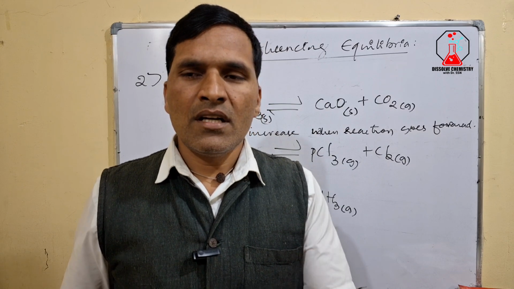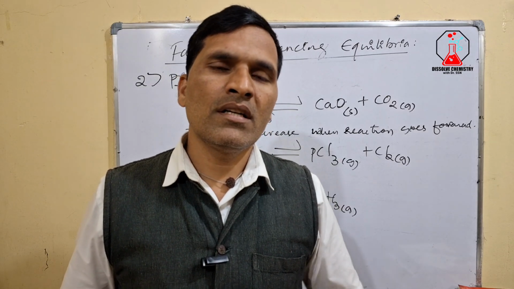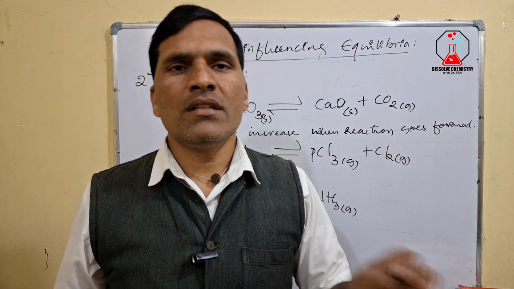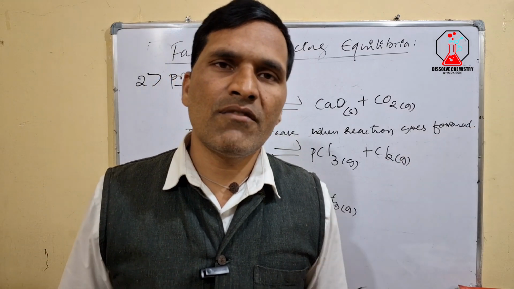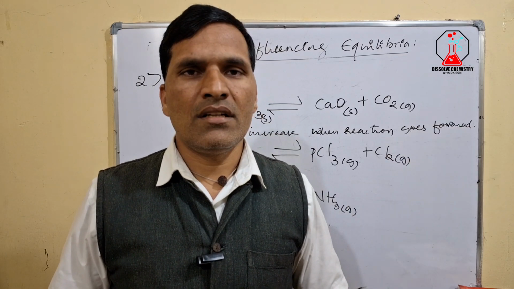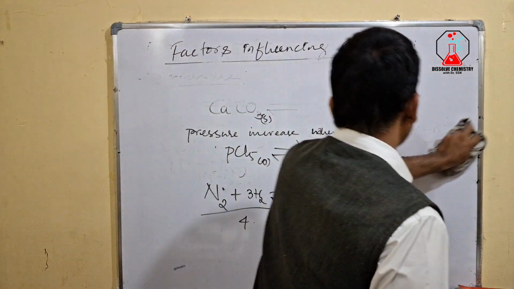And if after combining of the gaseous reactants to give the product, the number of moles of product is less and reactants are more, then the reaction can always be shifted in the forward direction by increasing the pressure. And the last important point is temperature, which we will see.